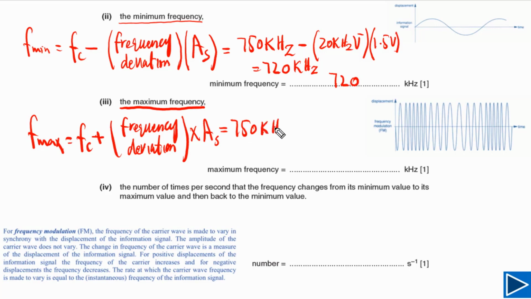This is 750 kilohertz plus the frequency deviation, 20 kilohertz per volt, multiplied by the amplitude of the signal, which is 1.5 volts. In this case our final answer will be 780 kilohertz. So this is our final answer.